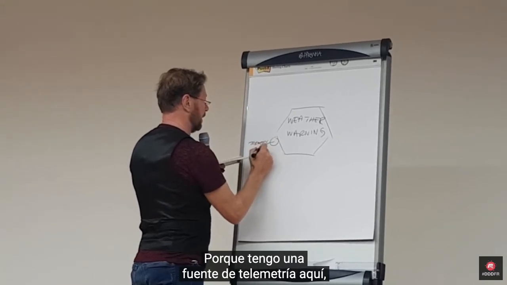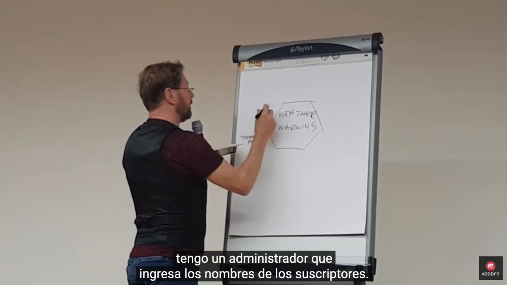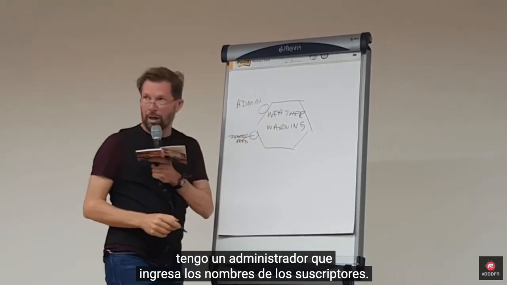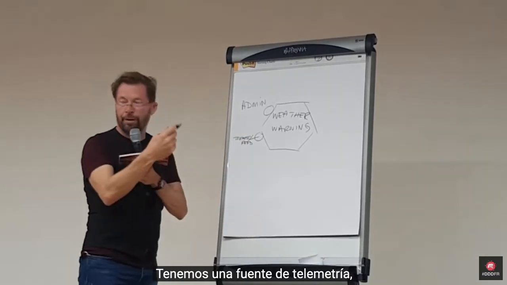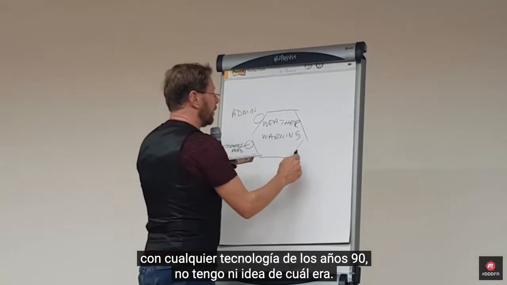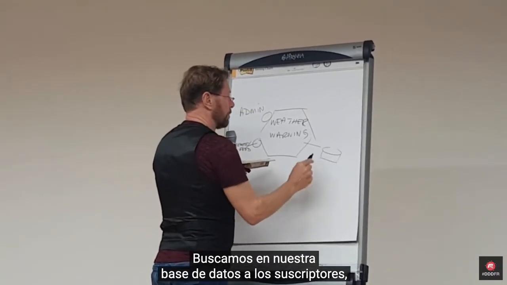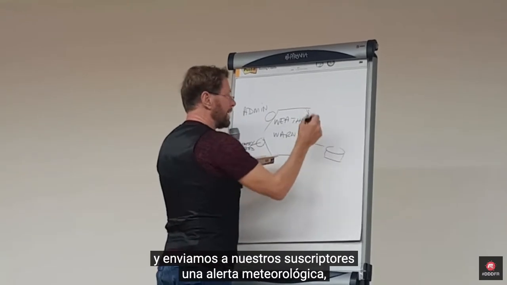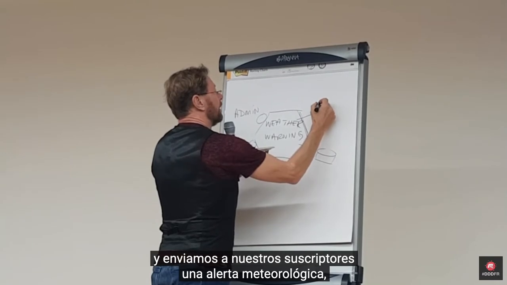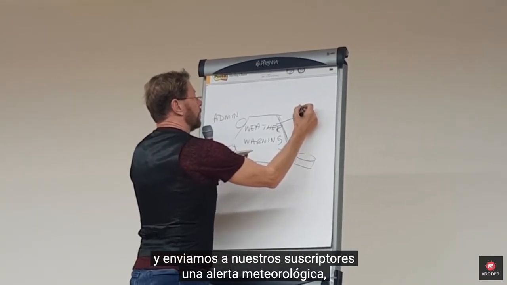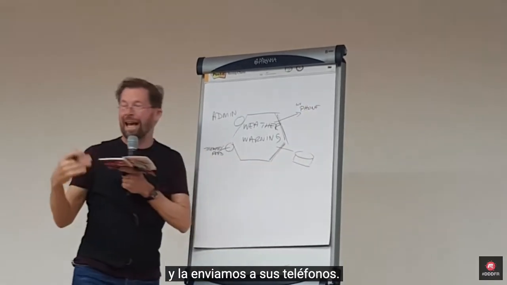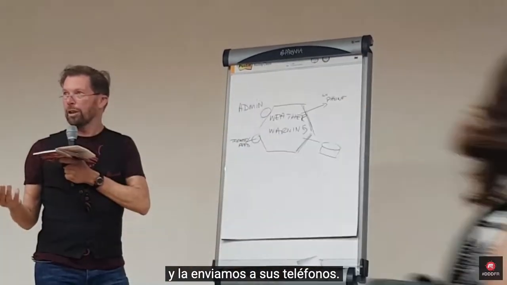I have an administrator who puts in the names of subscribers. We take a telemetry feed in the 90s, whatever technology it was, I have no idea. We look up the subscribers in our database and send them a weather warning, to their phone. And this was the 90s, and these were analog telephone answering machines.